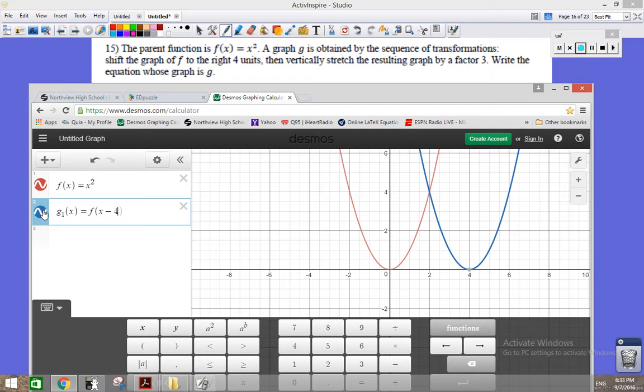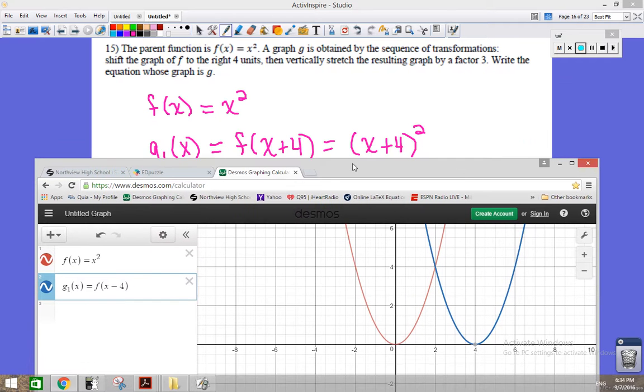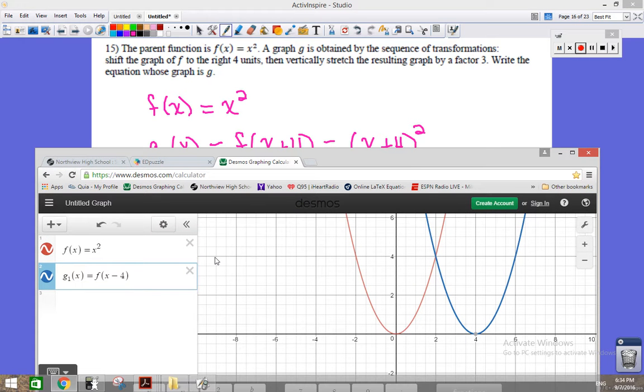So I knew that x squared was a parabola with its vertex at the origin, and the minus 4 is a shift to the right 4 units. And that is the same thing as if I had just said x minus 4 quantity squared.